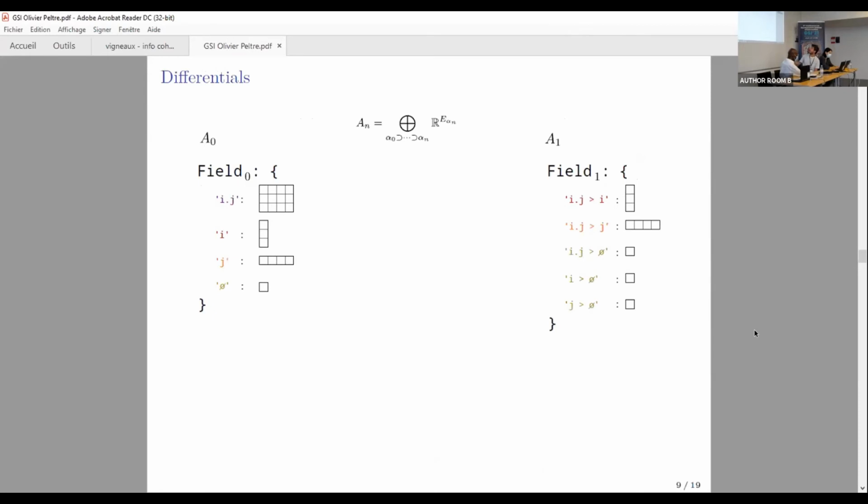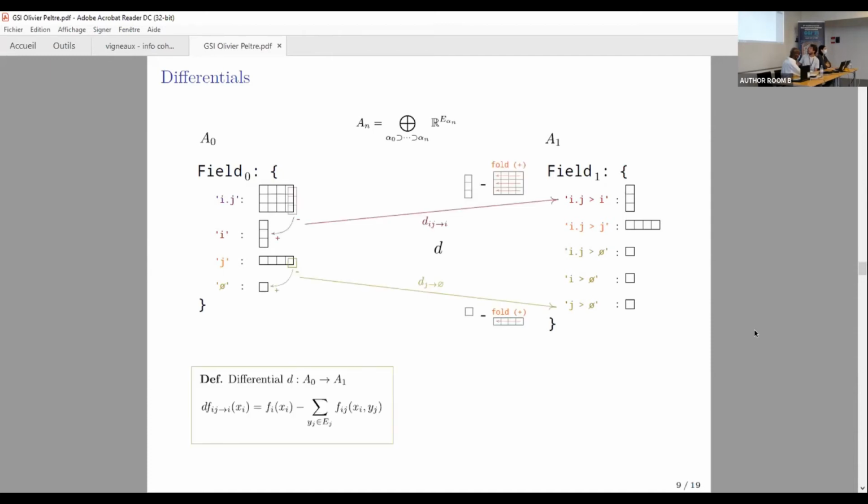Okay, and so the space of fields here is defined by sums over these chains, which are sequences of inclusions. So your differential here: anytime you have an arrow in your base category, you take the difference of the tensor on the smallest coordinate minus the sum of your larger tensor.